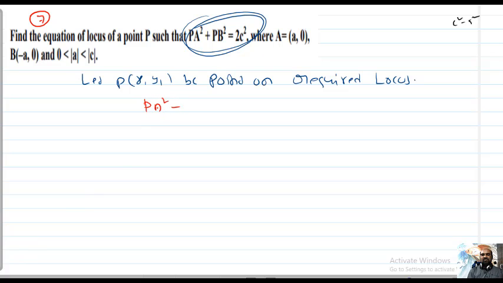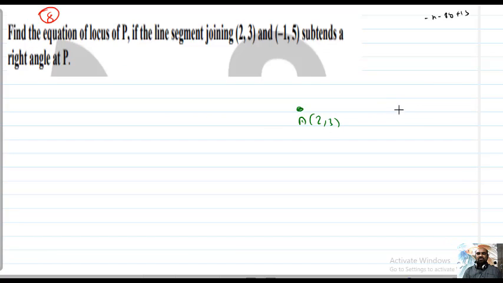PA square plus PB square equal to 2 small c square. A is (2, 3), B is (minus 1, 5), two fixed points. P is a variable point. What condition is it moving under?